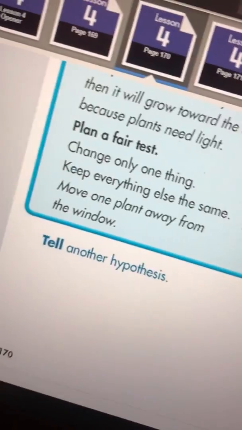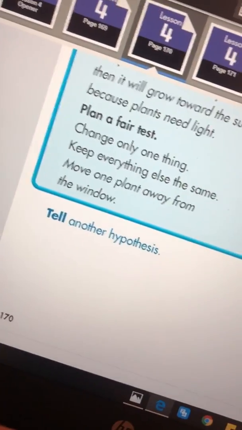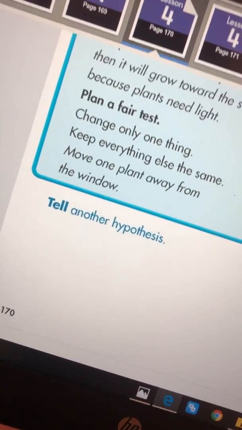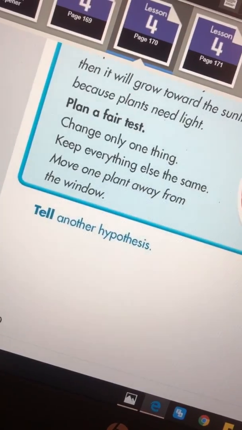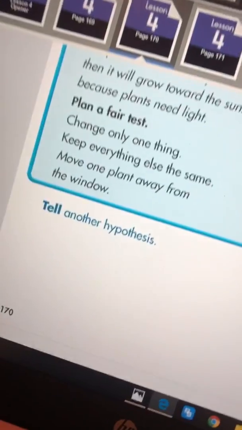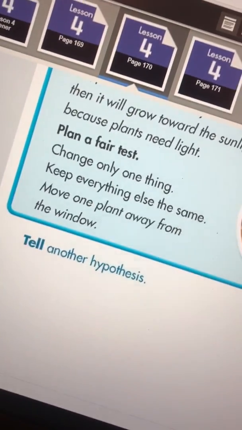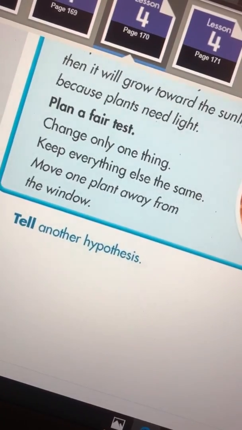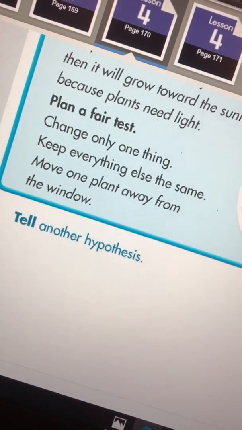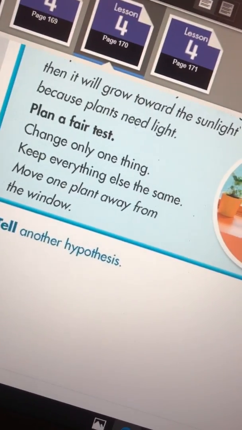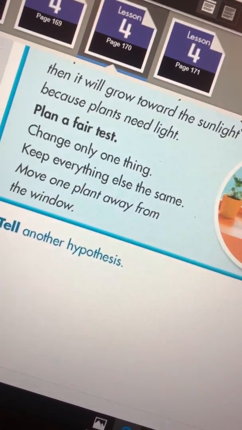Tell another hypothesis. Suppose another thing other than moving the plant away from the sunlight. Think with me. We can say if one plant gets more light than another plant, then the plant that gets more light will grow taller, because plants need light to grow.